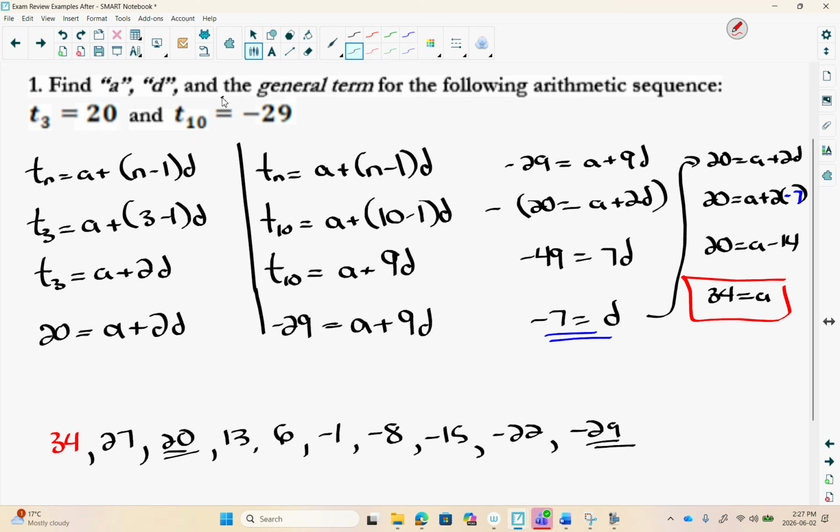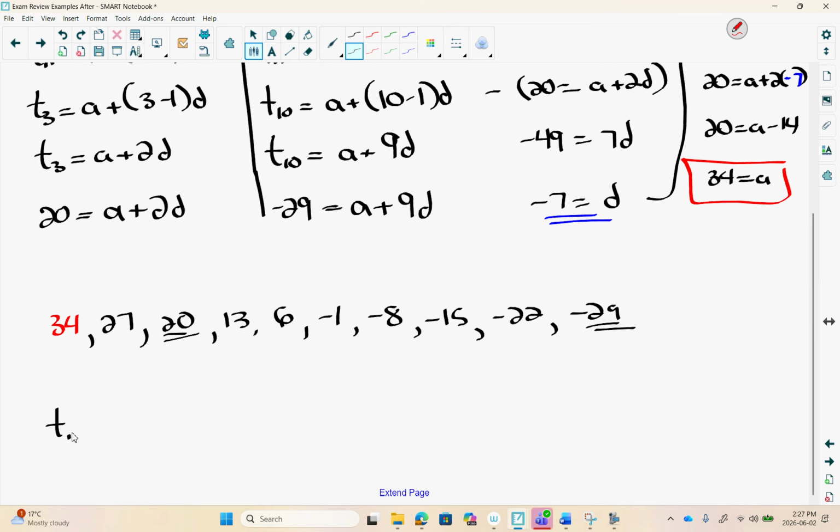Now, a lot of people stop there. They forget to do this part, the general term. To find the general term, I'm going to write down my formula. I'm going to fill in an a value of 34, leave n alone, and fill a negative 7 in for d.